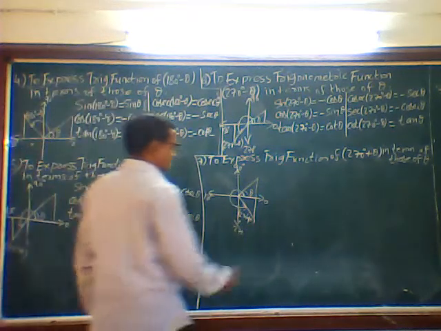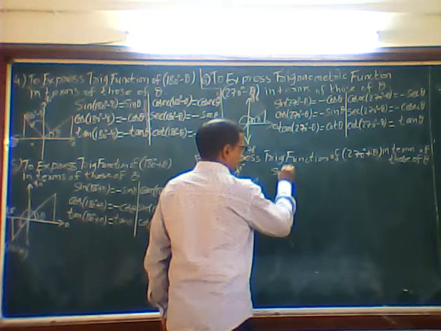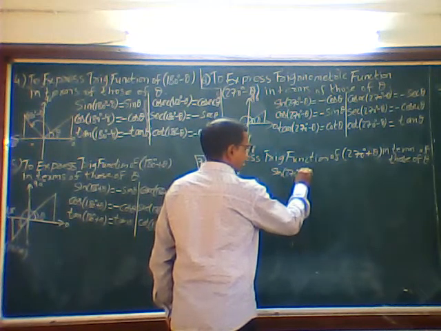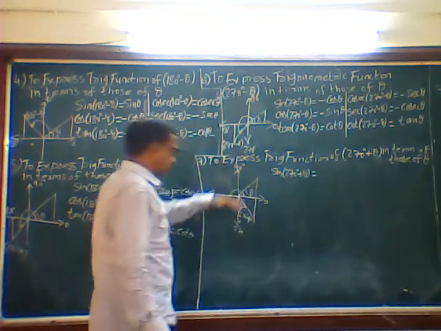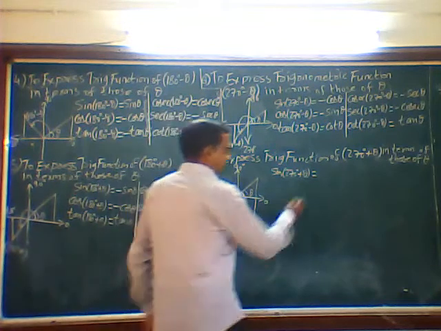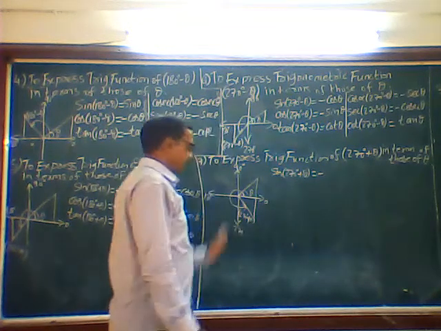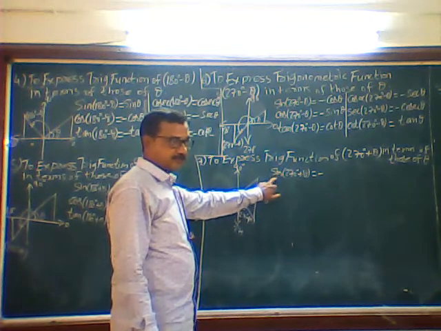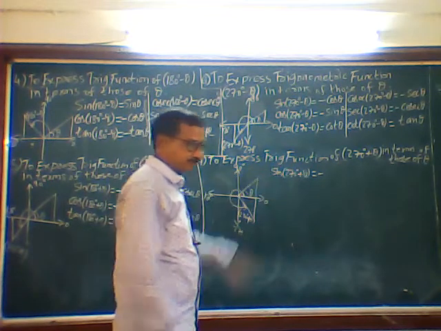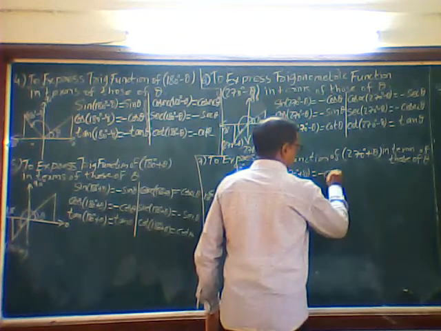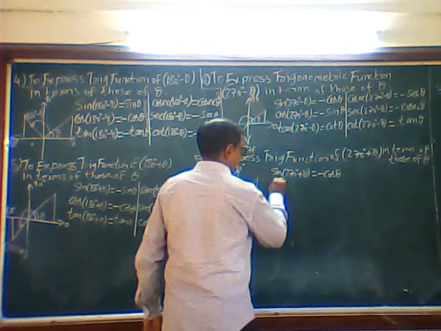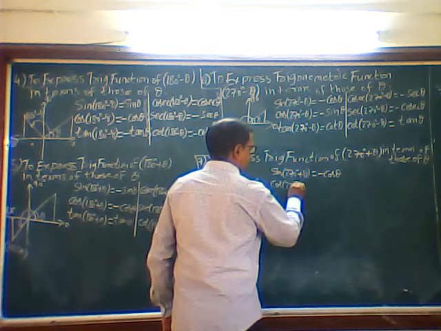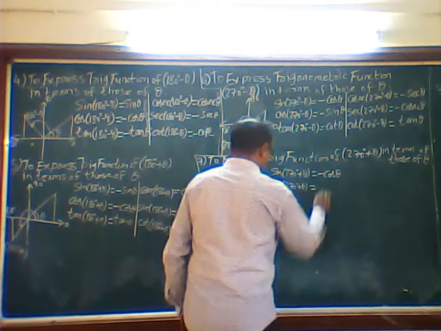Okay. Now one by one, sine of 270 plus theta. Okay, check it. It is in the fourth quadrant, where sine is negative. Since the angle is lying on the y-axis, the original trigonometric ratio sine will get converted to the co-ratio cos. It will become minus cos. Next, cos of 270 degrees plus theta.